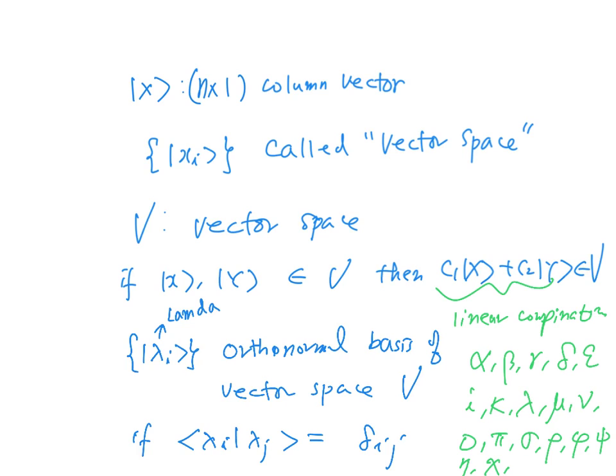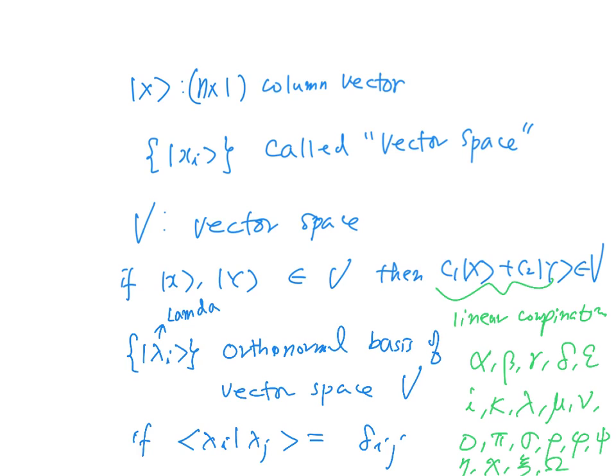What else? 1, 2, 3, 4, 5, 6, 7, 8, 9, 10, 11, 12, 13, 15, 16, 17, 18, 19, 20. There must be 4 more: omega, alpha and omega, 21, 3 more.